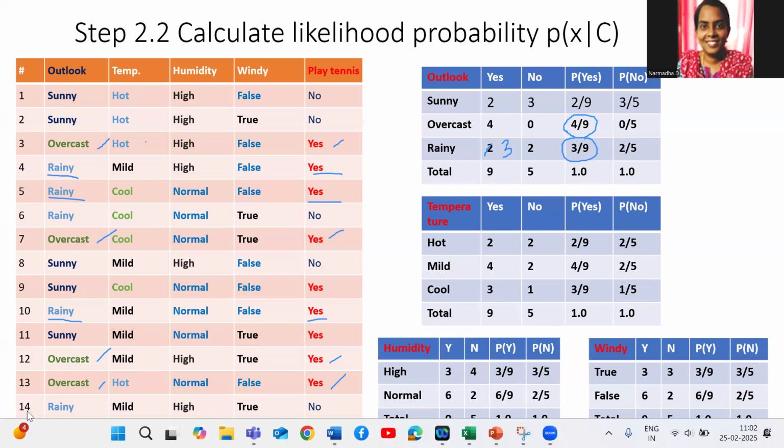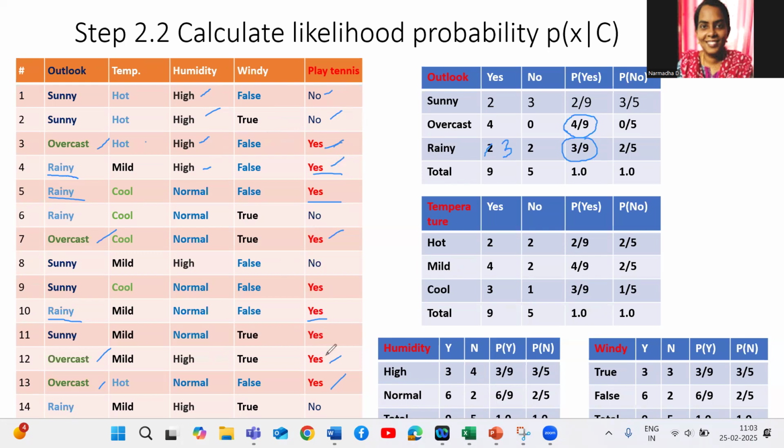High along with no, 1, 2, and high along with yes, you can see 1, 2, and 3.